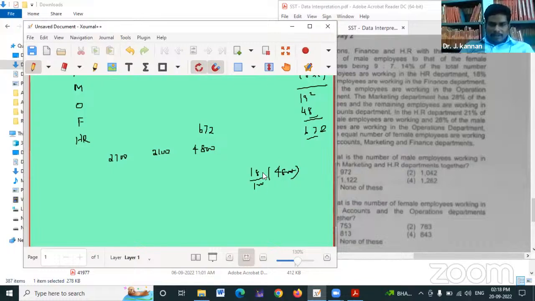So the finance department is 18 times 48, which is 864. 18 times 48 is 20 times 48, which is 960, minus 2 times 48, which is 96, so the remaining balance is 864. So that is answer one.